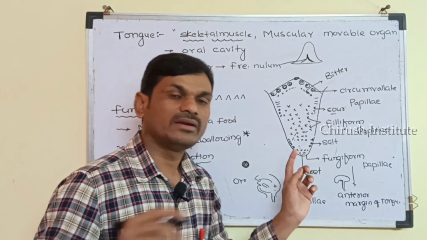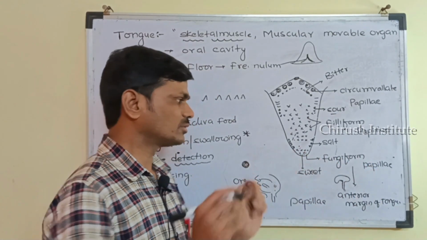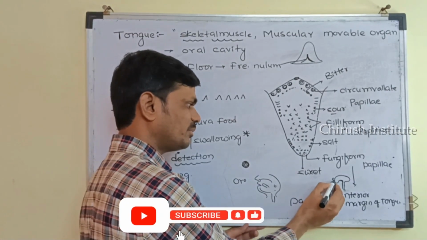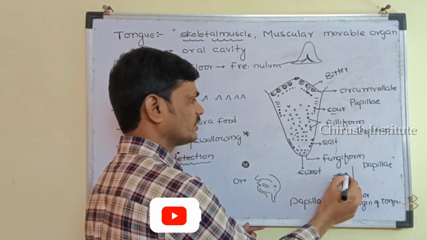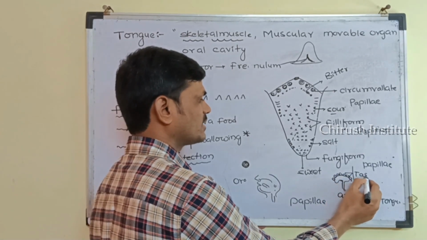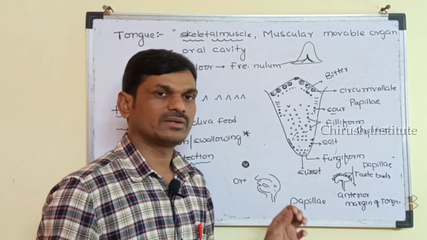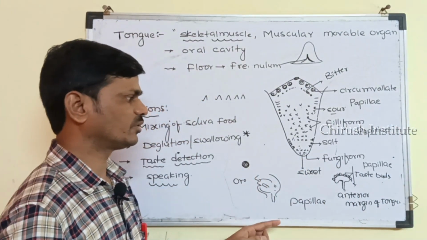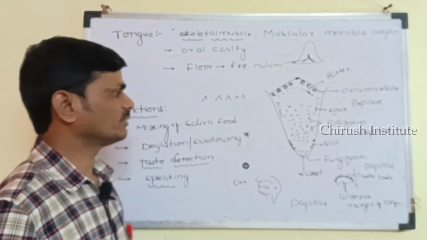So the anterior margin of the tongue consists of fungiform papillae. On the surface of the fungiform papillae, taste buds are present. See, these are taste buds. They help in detection of the taste of the food material.